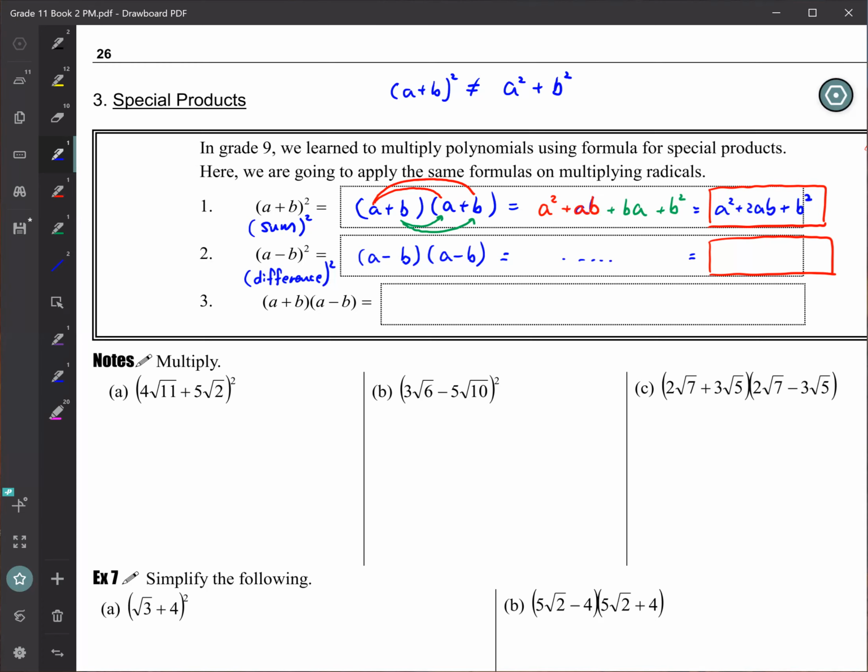Please raise your hand if you got the second formula.